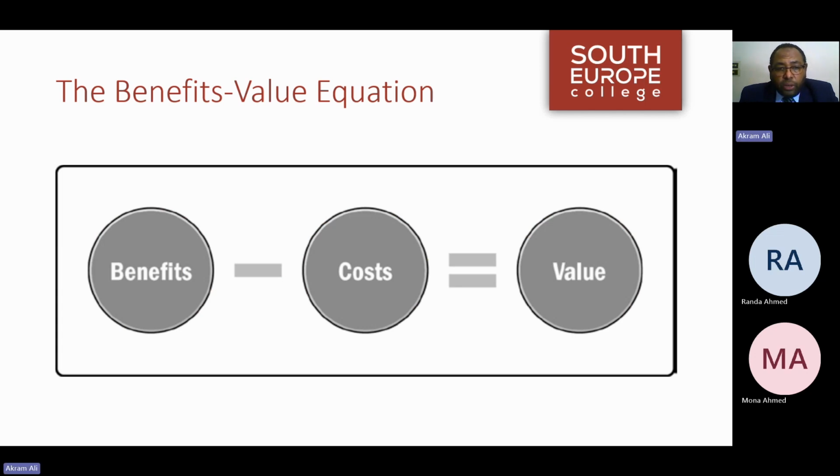So once again, we return to our equation, which is how PMI defines value. So value as defined by the Project Management Institute, PMI, equals benefits minus costs. So since benefits are gains realized by the organizations and beneficiaries, this implies that benefits are the positive outcomes or the results of an organizational investment.